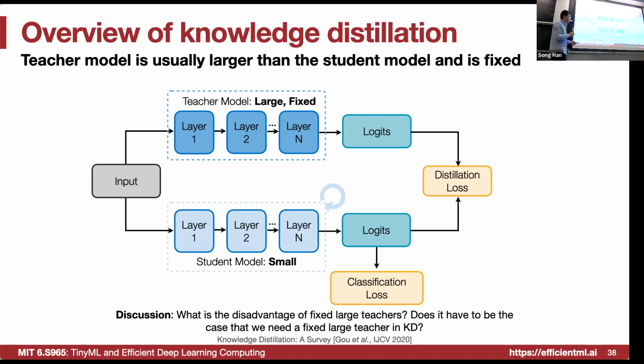To continue giving some context, the teacher model is usually larger than the student model. We have to train this teacher model to begin with, fix it, and then it produces logits. When the student is being trained, we try to match these two logits. So what is the disadvantage of this fixed large teacher model?